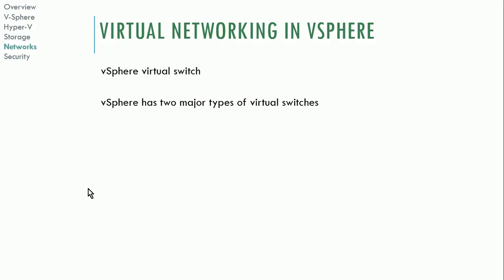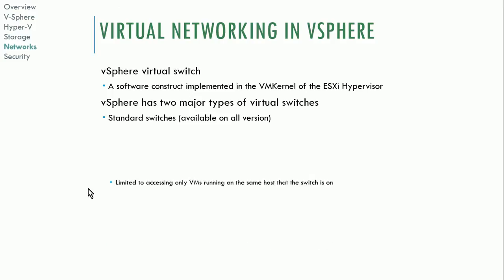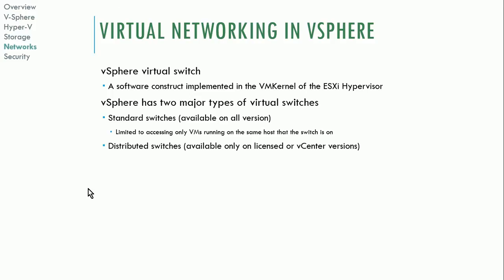All right, so within vSphere, and you're going to see this with the lab. One of the labs that I assigned is to use VMware's virtual networking products to get a sense of those. So vSphere does have a virtual switch, which I talked about. There are standard switches available in all versions, and then distributed switches, which you can use with vCenter, which can be accessed from VMs running on any host managed by the vCenter server.